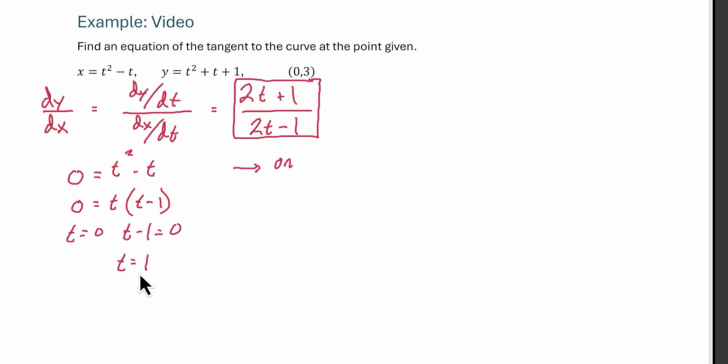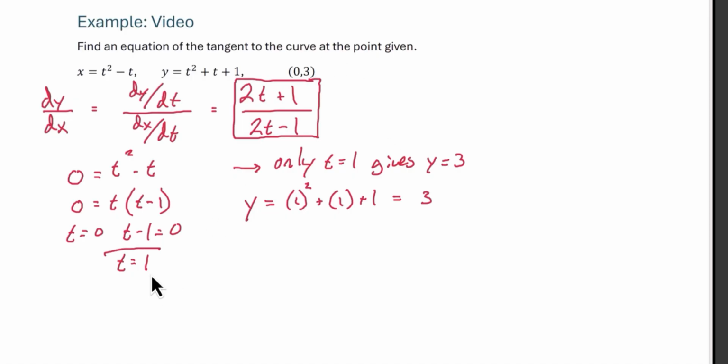So only t equals 1 gives y equals 3. And let's just confirm that. y equals 1 squared plus 1 plus 1, and that gives us 3. So again, x is 0, y is 3. That point (0, 3) happens when our t is 1.